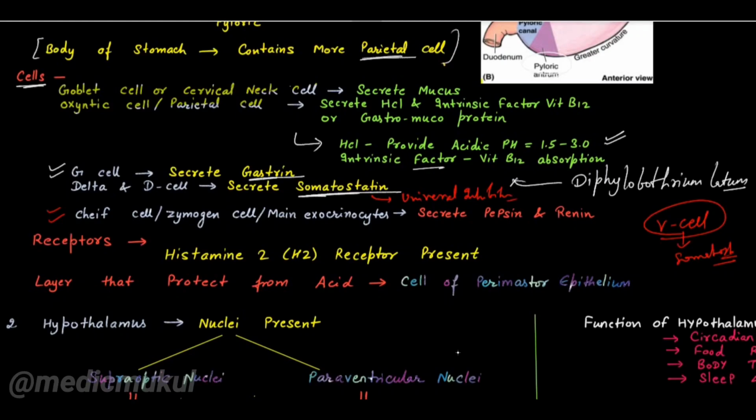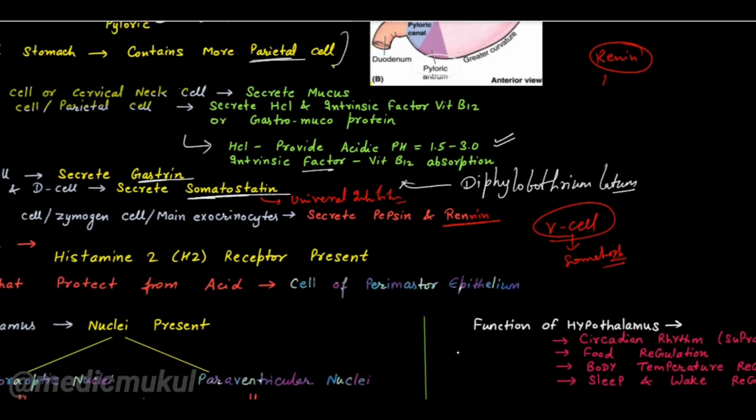Also remember that rennin, spelled RENNIN, is produced by the stomach, while renin, spelled RENIN, is produced by the juxtaglomerular cells.